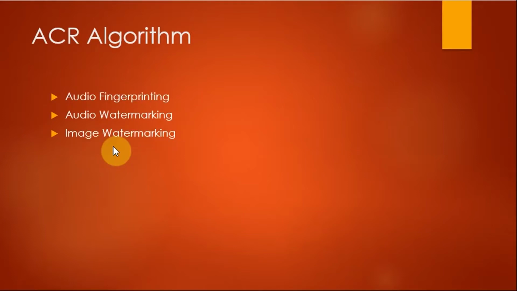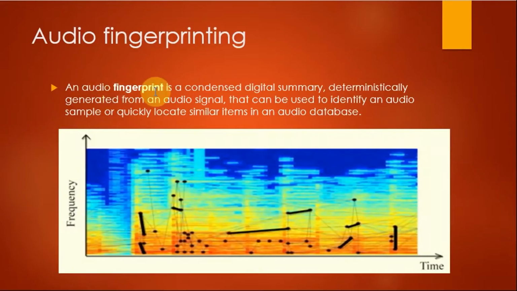But since we're creating a music and audio recognition system using the ACR Cloud SDK, we're going to talk more about audio fingerprinting, which is the most effective as of today, having been tested.